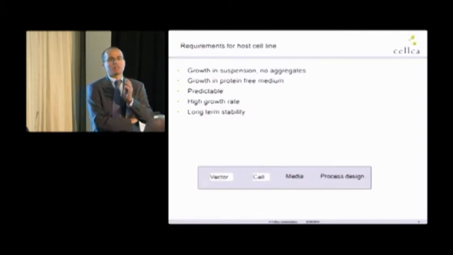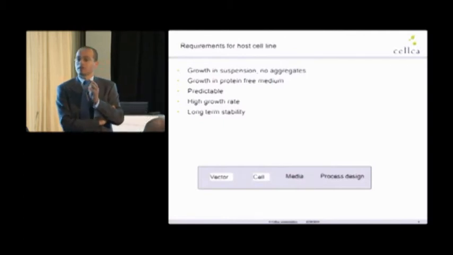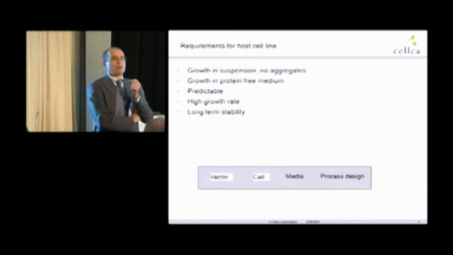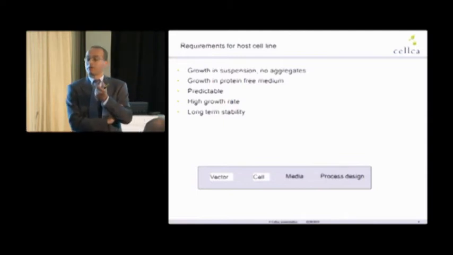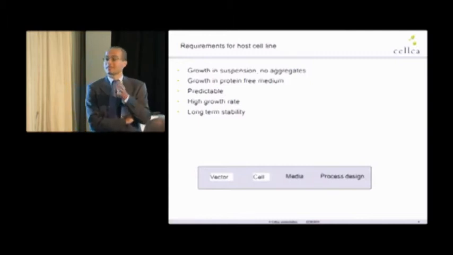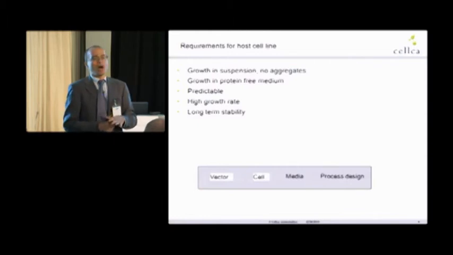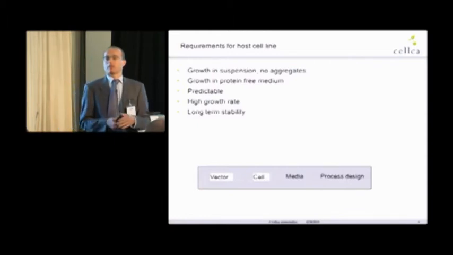Many cell culture media today contain proteins, IGF-1 or insulin at least. But we know that these proteins can be retained on filters, media filters. In some filters more, in other filters less. But if I have a cell line which grows absolutely free in protein-free medium, then I don't need to think about that.